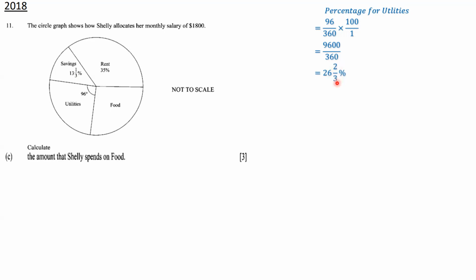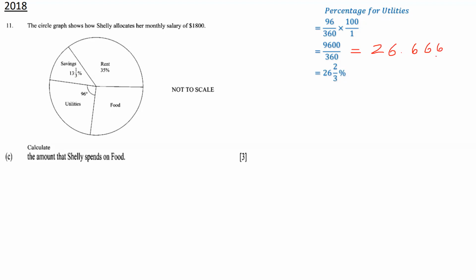Now, it's very important to know how we get that. You can just put it in your calculator. If you do 9,600 divided by 360, depending on what calculator you have, in terms of a decimal, it'll give you 26 point 6, 6, 6, continuing on.